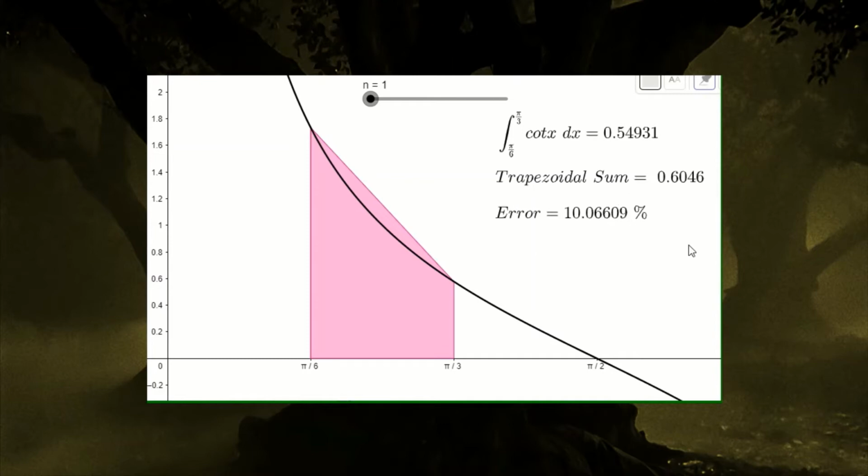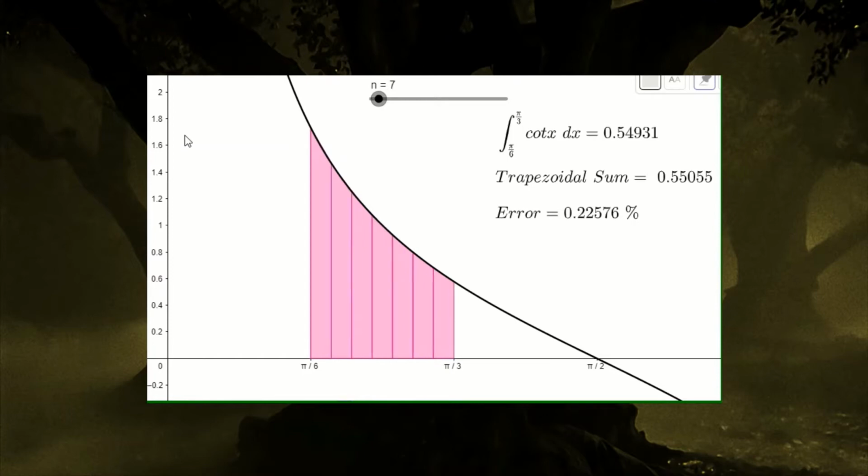This is to 5 decimal places, of course. So even with 1 trapezium, and as you can see, it's an overestimate because the curve is convex. But as we increase the number of trapezia, we'll see this error drop, hopefully. So let's set this going. We'll do it slowly. Okay, keep your eye on the error and the trapezoidal sum.